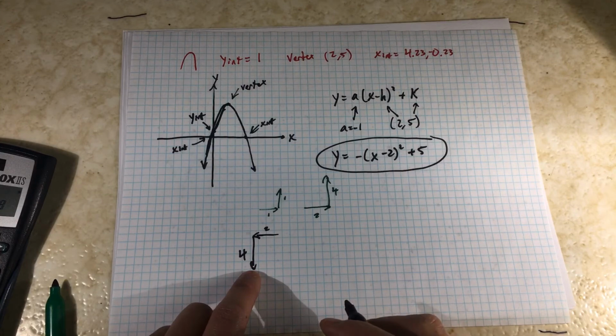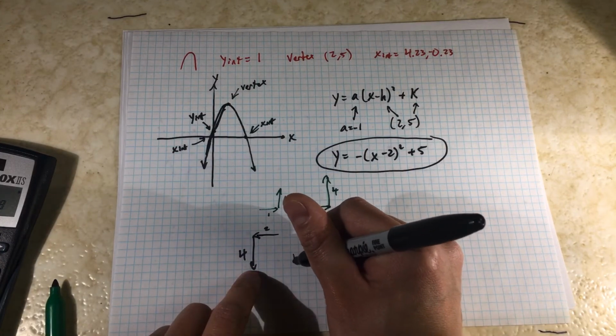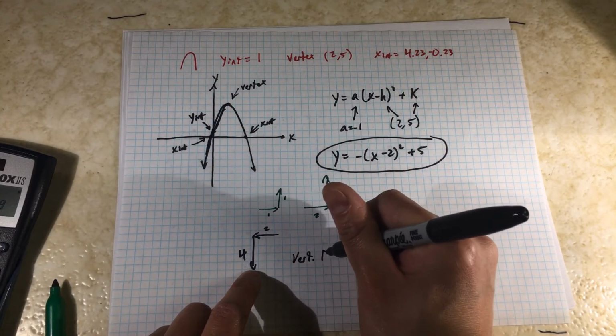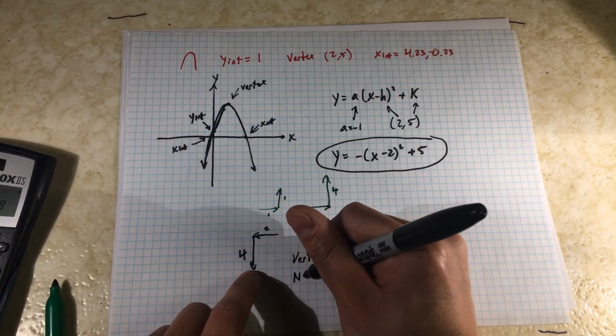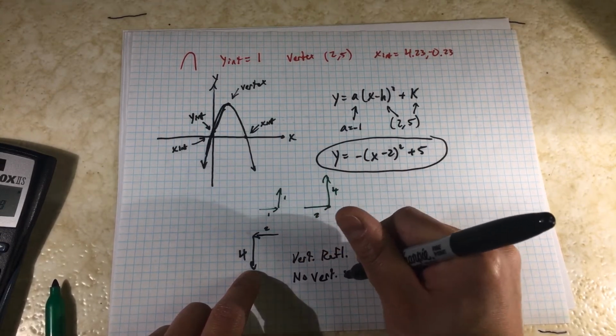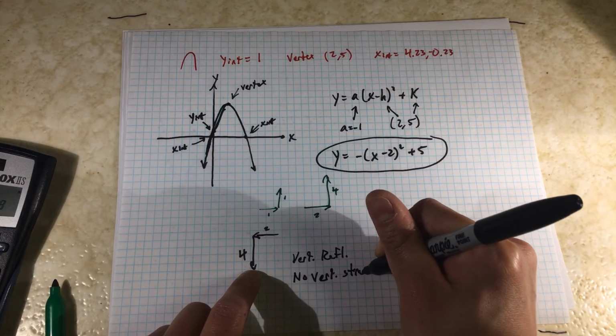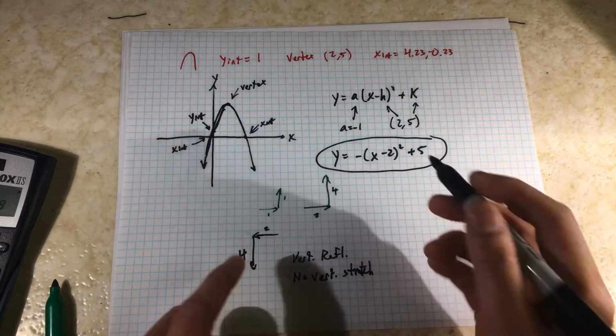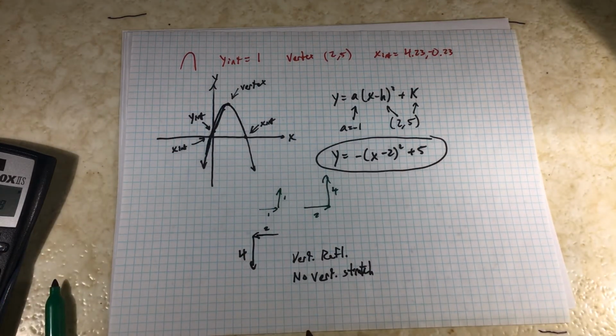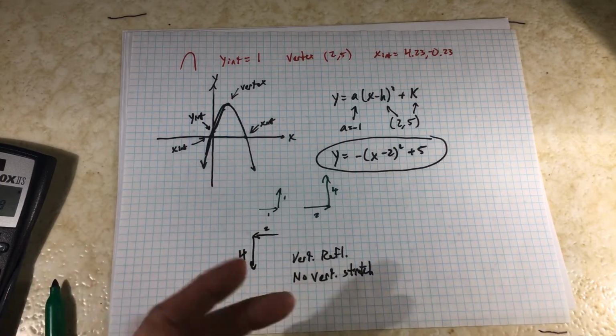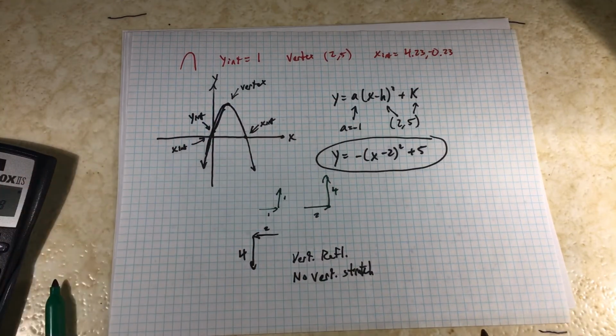That corresponds to a vertical reflection with no vertical stretch, which is consistent with a equals negative 1 only. Okay, so you can see that if you have some integer points, you can figure that out.